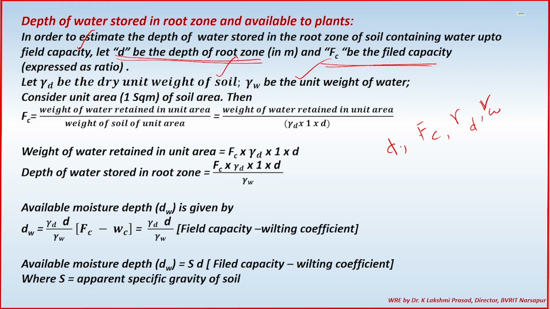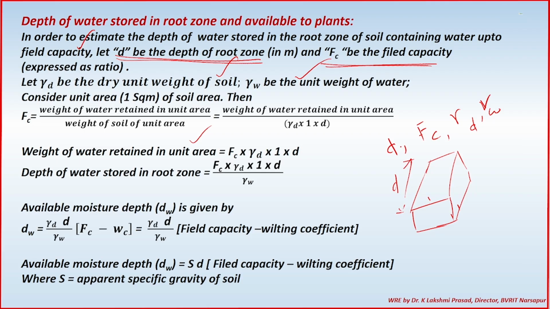Consider only 1 square meter of soil, 1 meter by 1 meter. The soil depth, you put it as D. Now, the weight of water retained in unit area: how much water can you retain in this unit area?